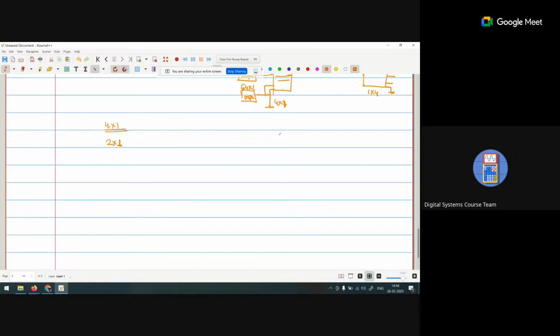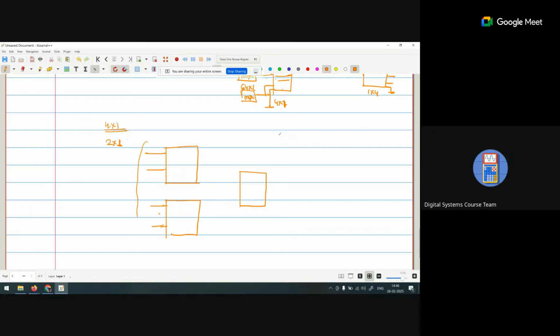How do we implement this? We have a 2x1 mux with 2 input lines, and another with 2 input lines.